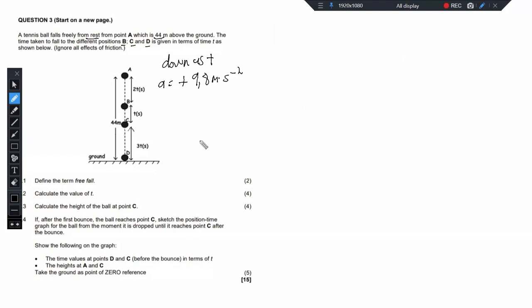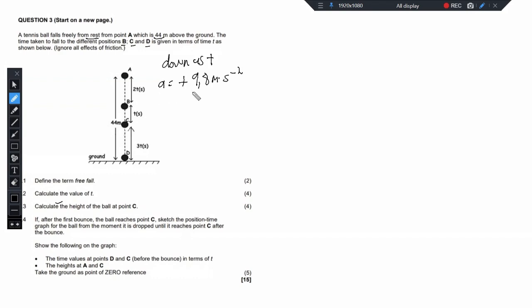And then I know as I'm taking down as positive, I must answer all these questions using down as positive. So your choice of direction in the first question that you use for calculation will affect the rest of the questions. So you can't choose down as positive in 3.2 and then change it to upward as positive in 3.3. You need to be consistent with your choice of direction.